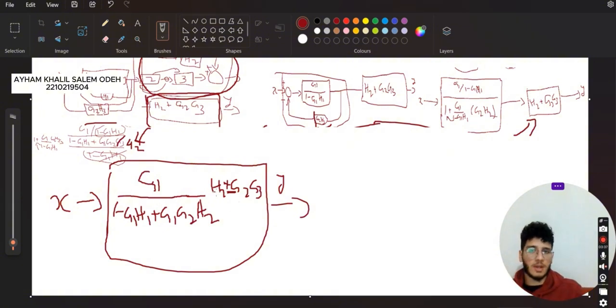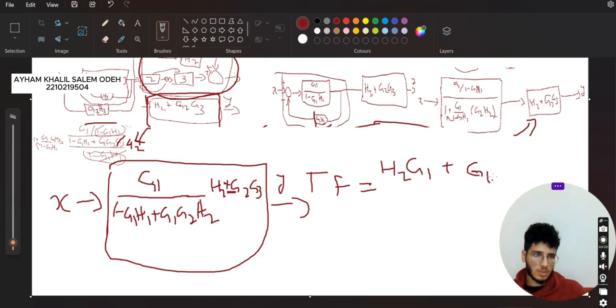Therefore, our final transfer function is going to be transfer function equal to G1 plus G1 H2 plus G1 G2 and G3.